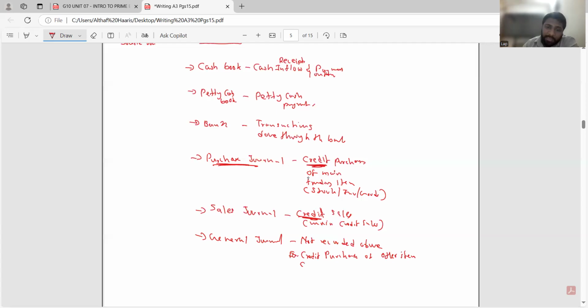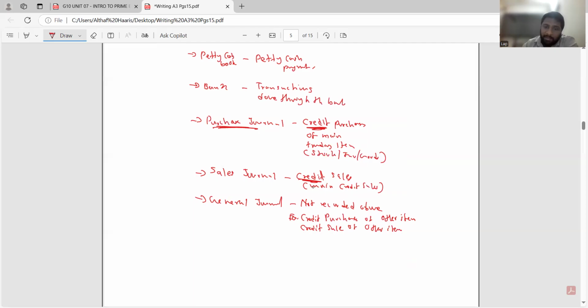Then credit sale of other items. I mean, you have an unused laptop and you are selling it to one of your friends. He says, Machang, I'll give you money in another 3 months. It's a credit sale, but not the main sale, an other item sale.